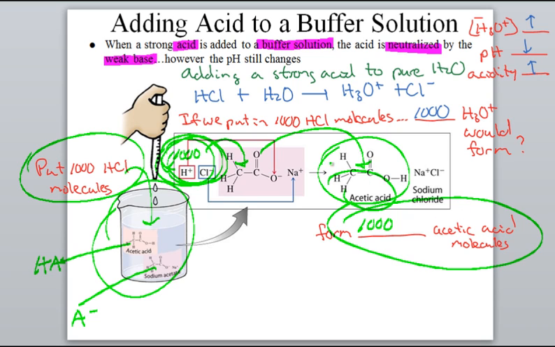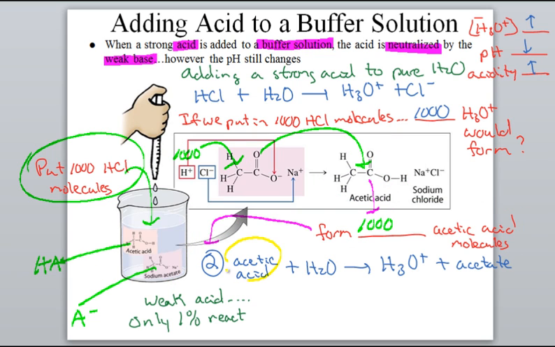So these acetic acids, we can show it reacting with water in another reaction. So the acetic acid that forms can react with water to form hydronium ions and acetate. But for acetic acid, and we haven't discussed this yet, only about 1% react.